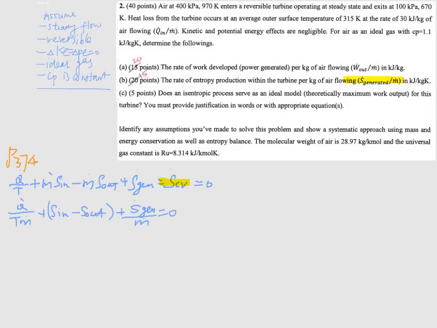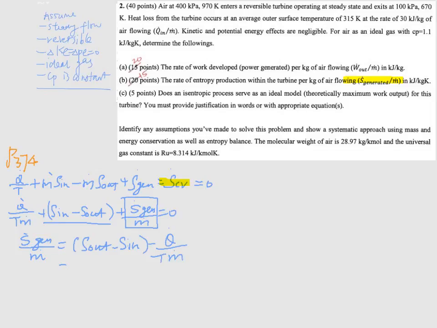Our goal is to find this value, so we move everything to the right except for this term. So S dot generated over M dot is equal to, flipping the sign of the parentheses, S out minus S in, minus Q dot over T M dot.